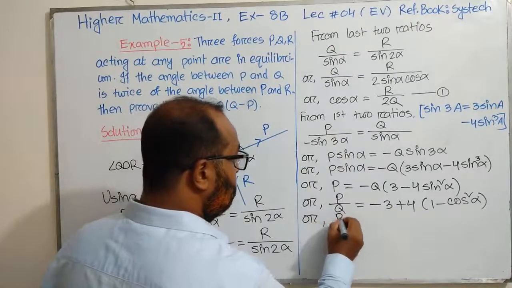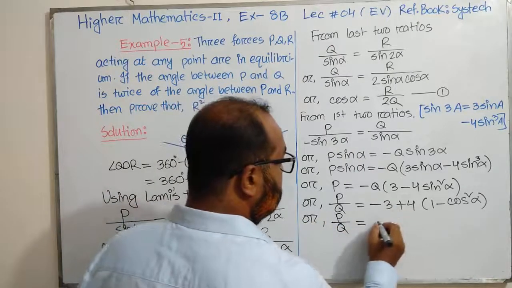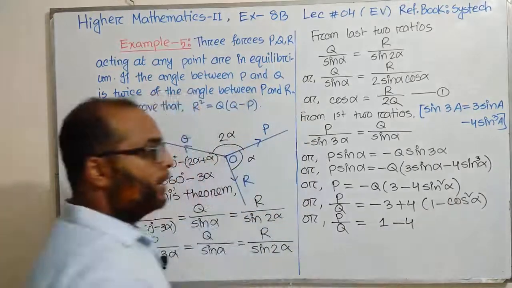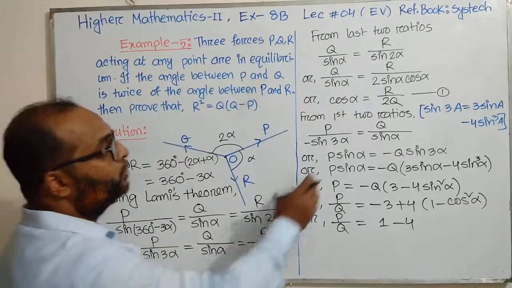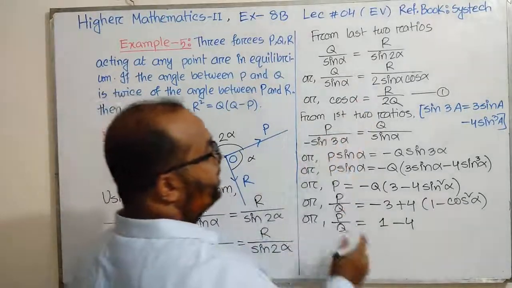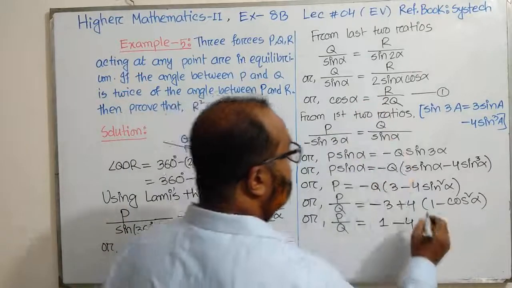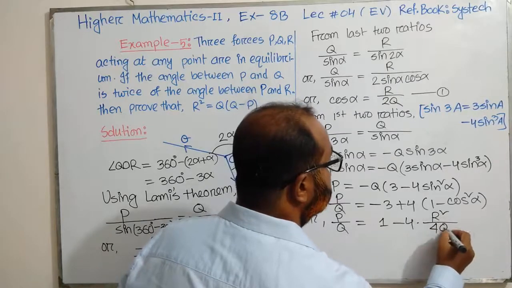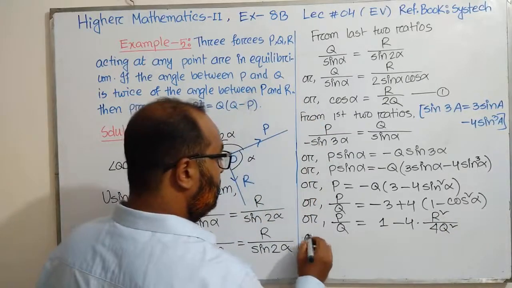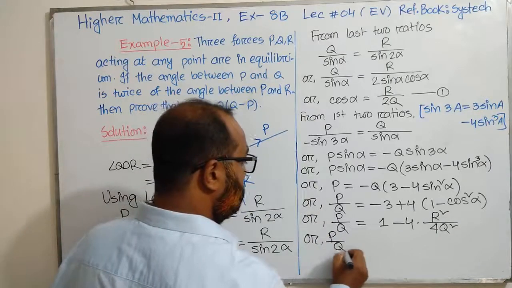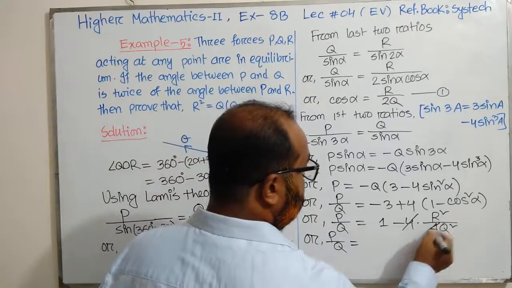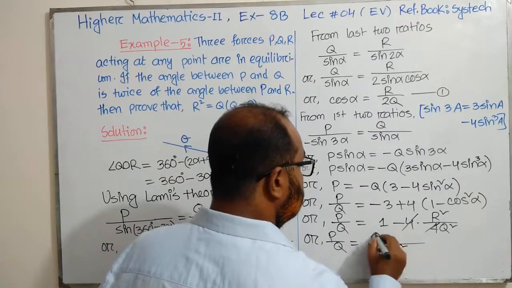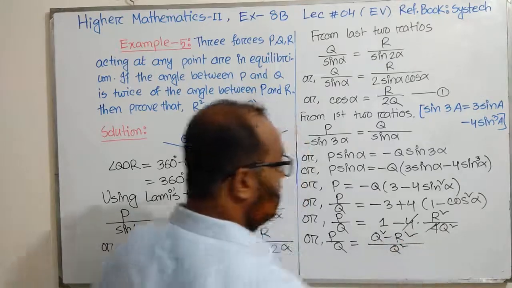Or P by Q equals 1 minus 4 cos square alpha. Here we have the value of cos alpha in equation 1, so cos square alpha equals R square divided by 4Q square. Or P by Q, here 4 and 4 cancel, after LCM we can write Q square minus R square.